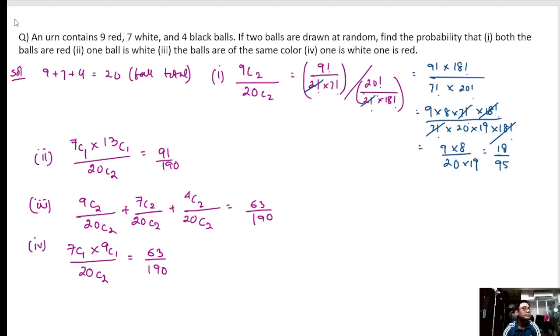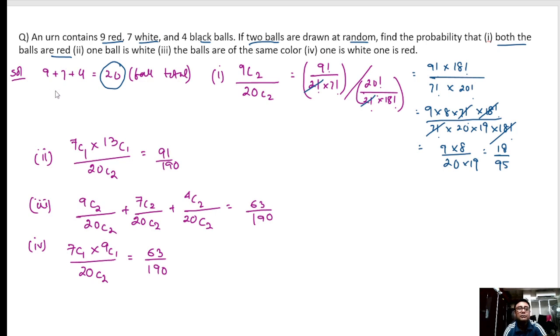Next, an urn contains 9 red, 7 white and 4 black. So total there are 20 balls. You have to draw 2 balls out of the 20. And what is the probability that both the balls are red?